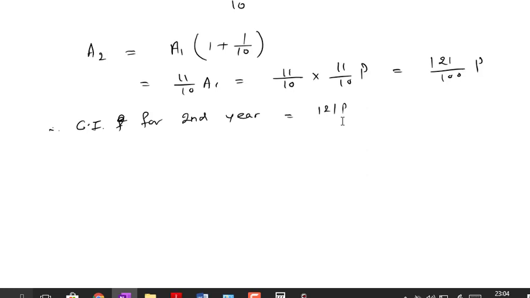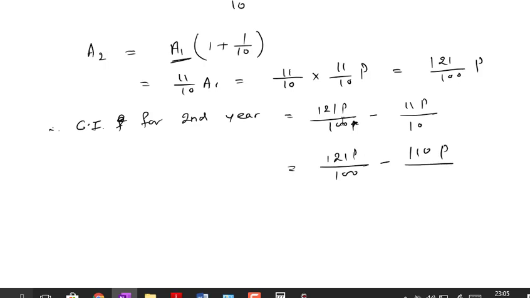It is 121P upon 100 minus 11P upon 10, because the amount at the beginning of the second year was 11P upon 10. So I will multiply this by 10, so it becomes 121P upon 100 minus 110P upon 100.